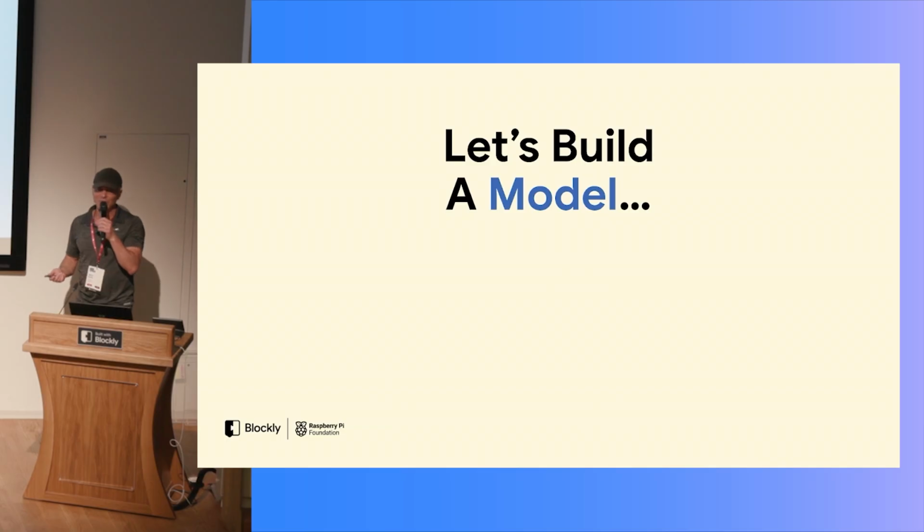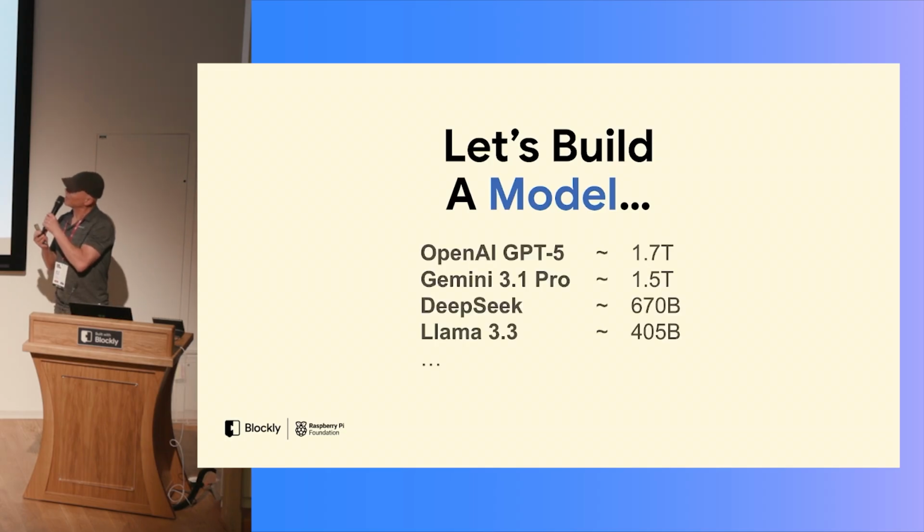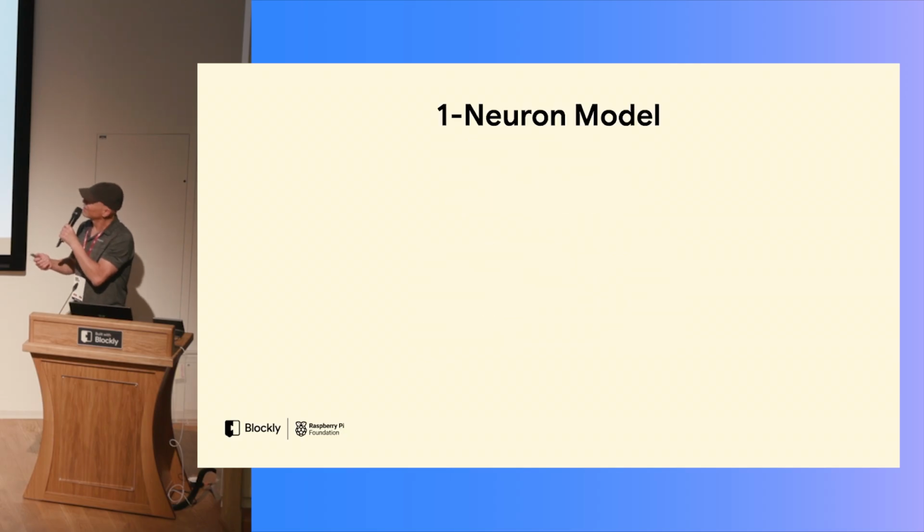Okay, so everybody was talking here today about AI, almost everyone. Why not just build a model? And we can get some inspiration from existing models, although they have big numbers of parameters. We are going to build a single neuron model.